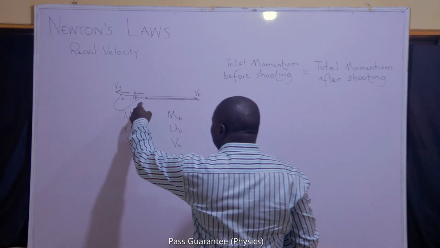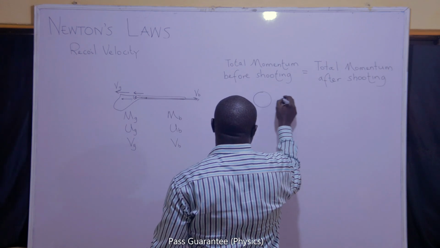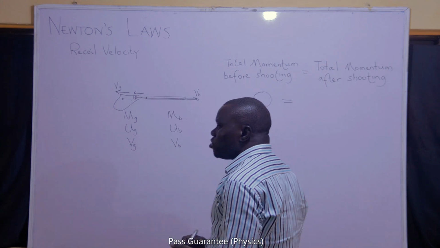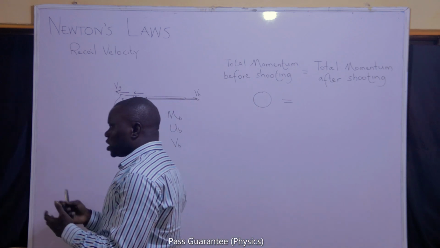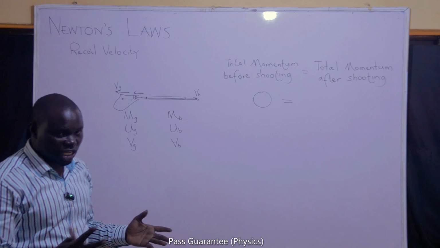Mind you, before shooting, all of the gun and the bullet were at rest in the hand of whoever wants to use them. So there's no momentum before shooting, because the gun was at rest and the bullet was also at rest initially.